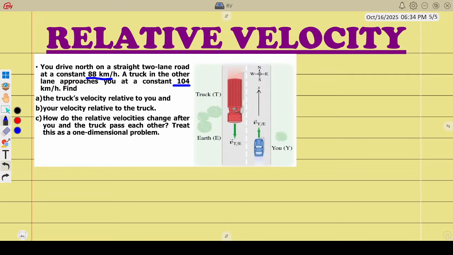So find the truck's velocity relative to you, and your velocity relative to the truck. And how do the relative velocities change when the two cars pass each other?